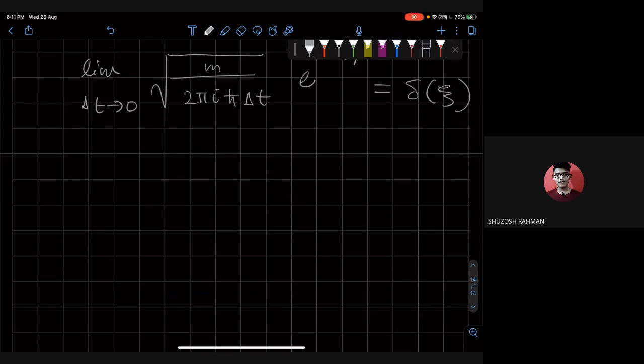So we can now put all of this together, and remember that although we derived this normalization factor for the free particle, it should be valid for all particles.